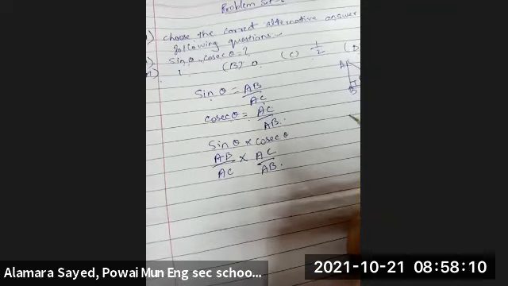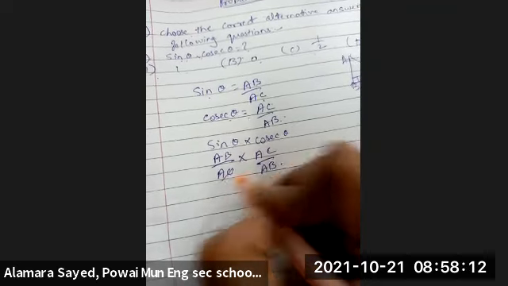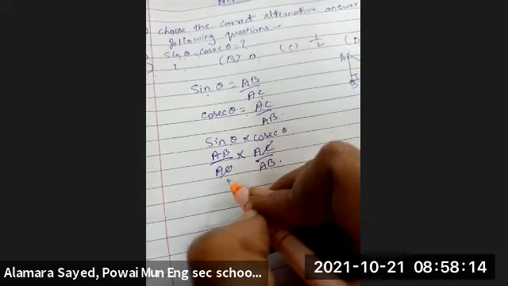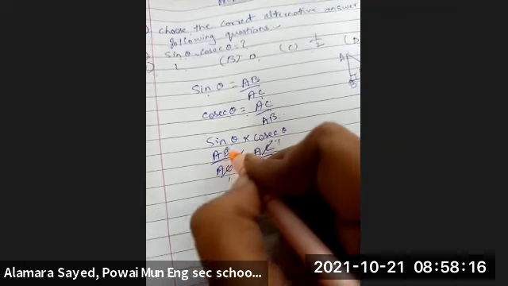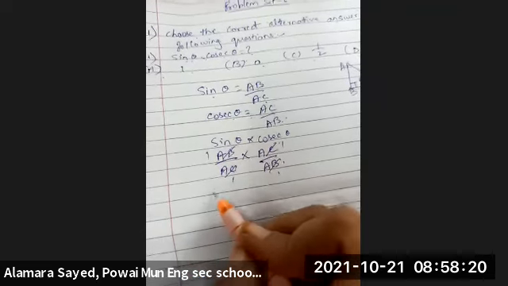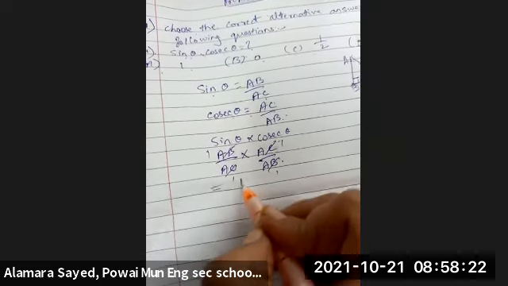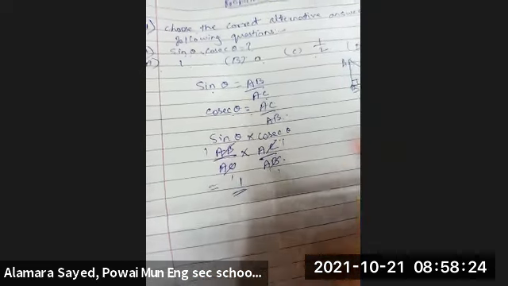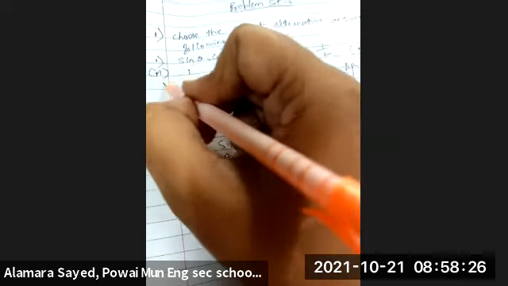AC and AC will cancel, and AB and AB will cancel. So the ratio we are getting is 1 upon 1, that means it is 1. So the answer is 1, and the proper option is option A.